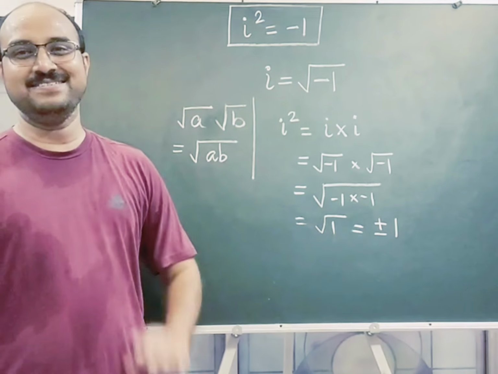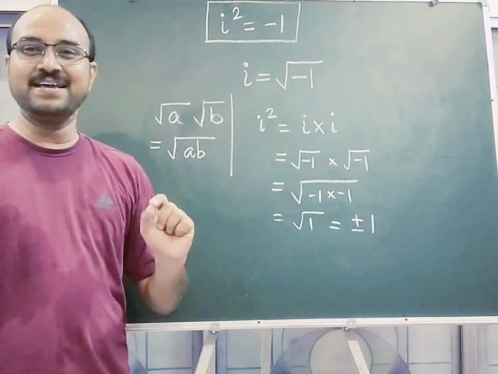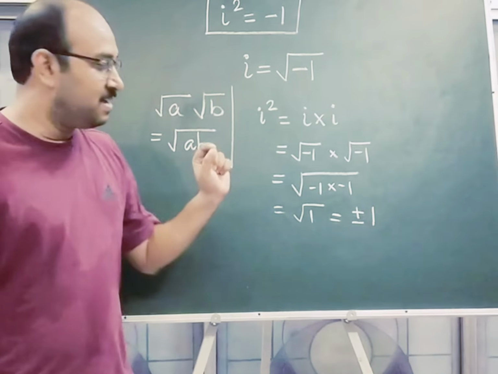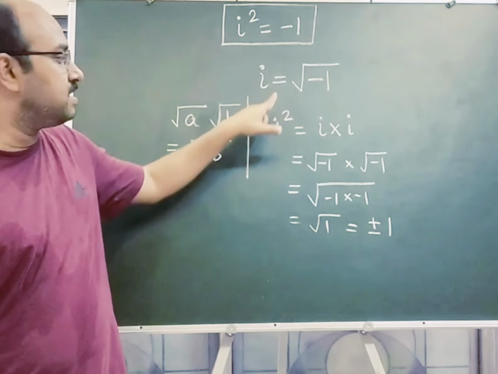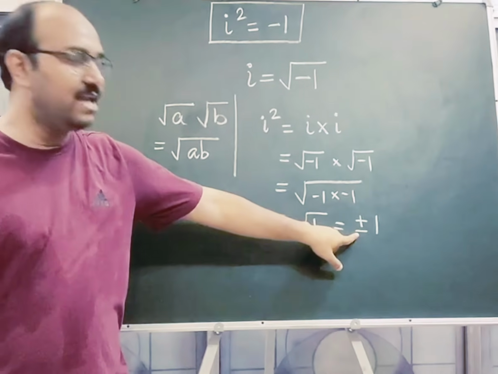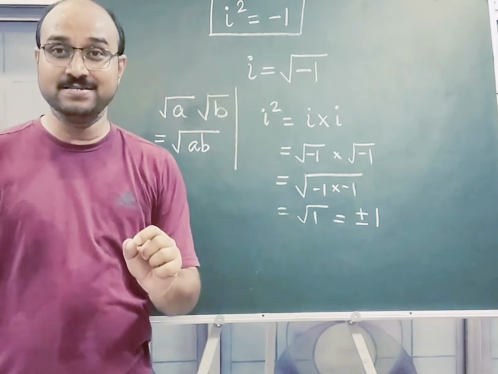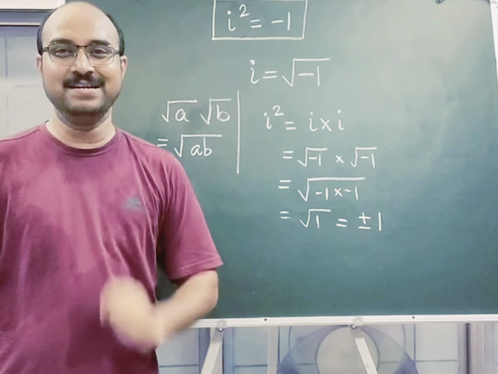Here comes the error. See, by definition, I square gives the value minus 1 only, but here, if we go by this definition, I square gives two values, plus 1 and minus 1, which is erroneous, which is wrong. Why did this wrong result come?